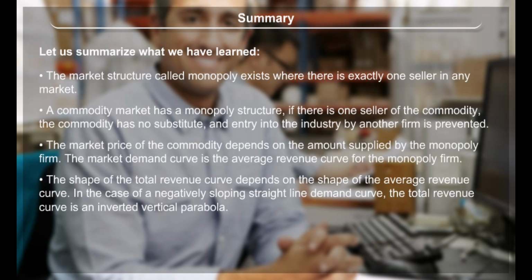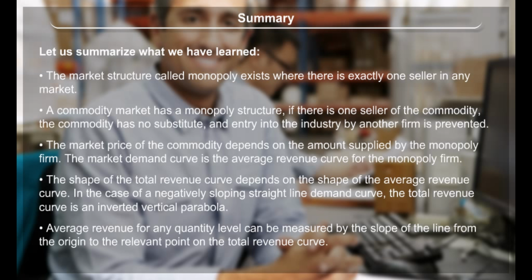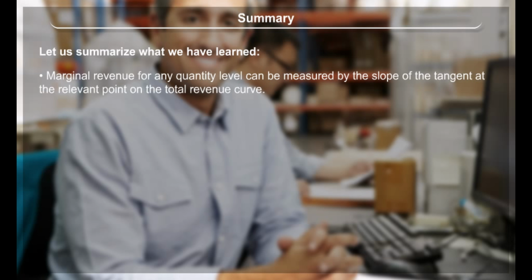The shape of the total revenue curve depends on the shape of the average revenue curve. In the case of a negatively sloping straight line demand curve, the total revenue curve is an inverted vertical parabola. Average revenue for any quantity level can be measured by the slope of the line from the origin to the relevant point on the total revenue curve. Marginal revenue for any quantity level can be measured by the slope of the tangent at the relevant point on the total revenue curve.